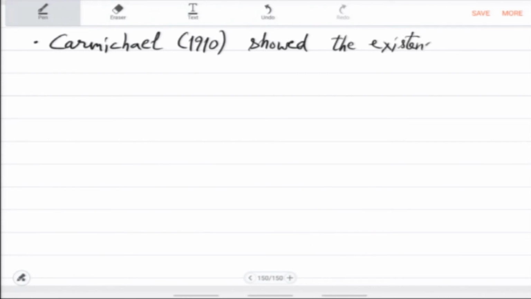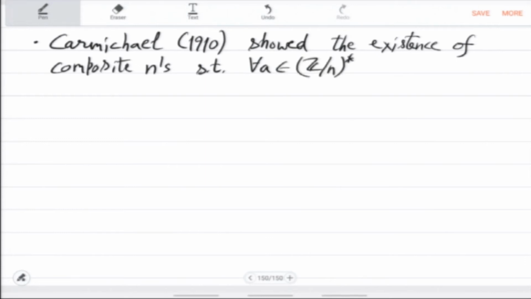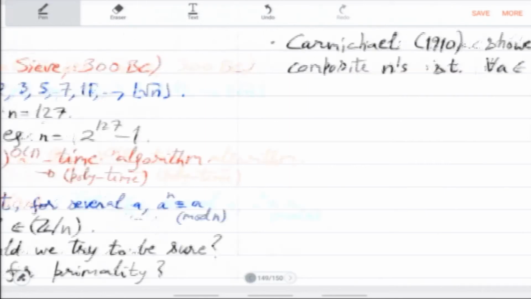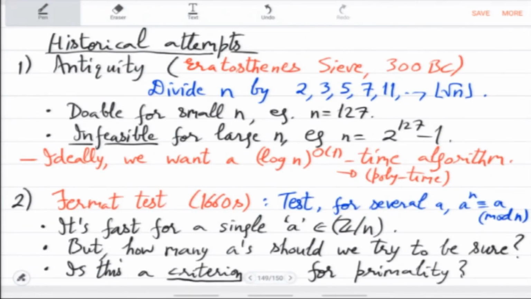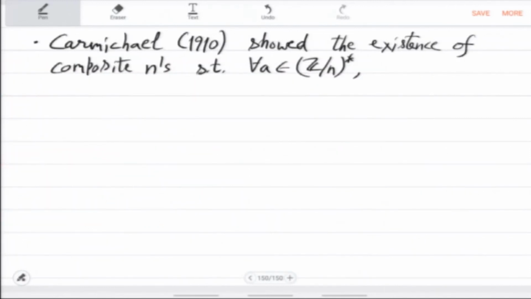So Carmichael showed the existence of composite n such that for all A co-prime to n, A to the n is A mod n.